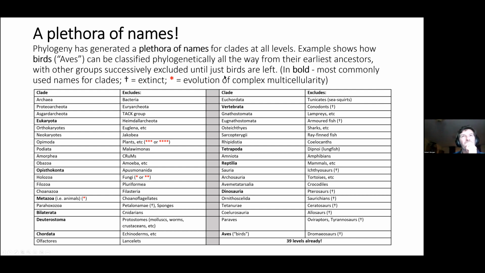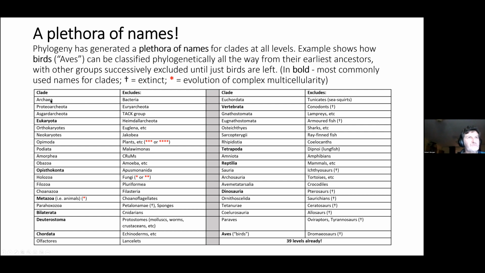Okay, so I mentioned this idea that we generate all these different names as you chop off a branch or ignore a branch as you're working towards a particular small group of organisms or even an individual species. And this is one example of this, going up to the level of birds.